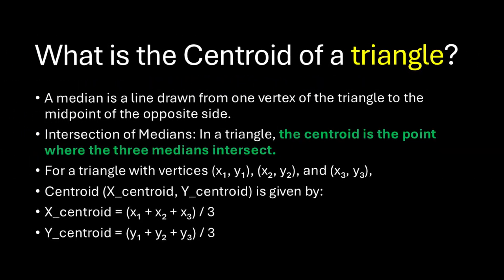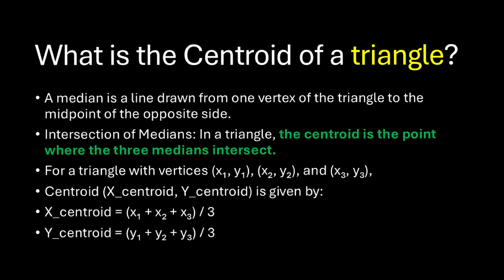Now, centroid is a concept not just for triangles. It exists for a lot of figures, regular and irregular. When it comes to the centroid of a triangle, it is defined as the point of intersection of medians. Now, what is a median? A median is a line drawn from one vertex of the triangle to the midpoint of the opposite side. So a triangle has three medians, and the point of intersection of these three medians is what we call the centroid.